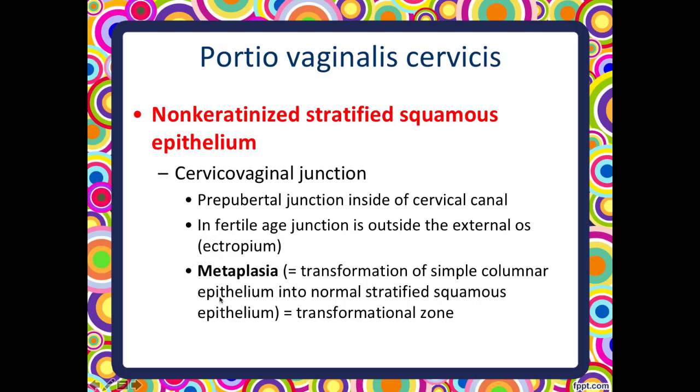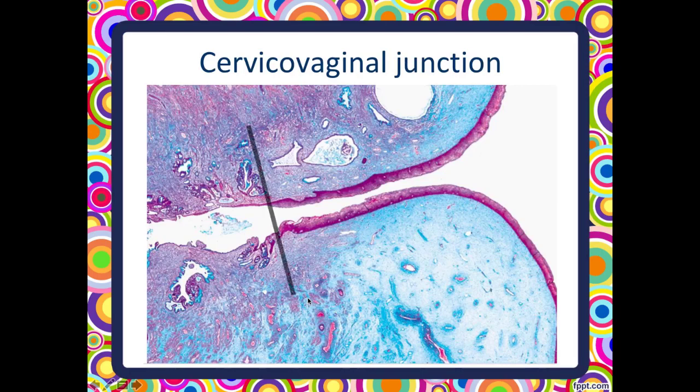Metaplasia generally is transformation of one normal epithelium into another epithelium, which is also normal. But metaplasia itself can be a precancerosis. It means it can be the site of the development of carcinoma. So this is called the transformation zone.